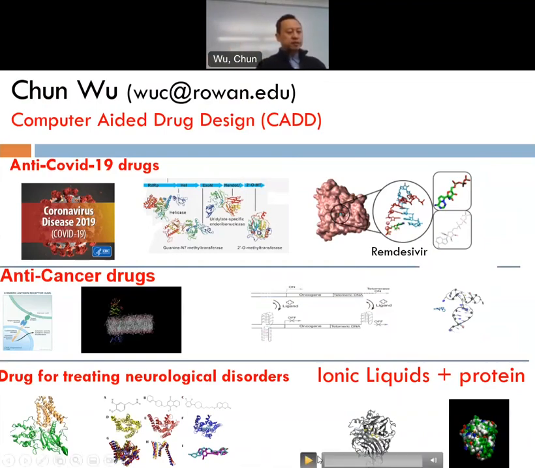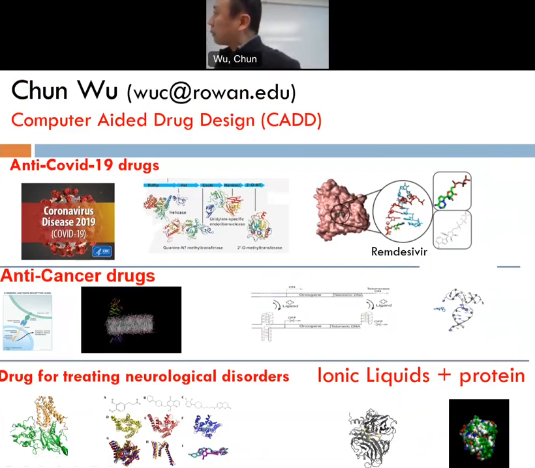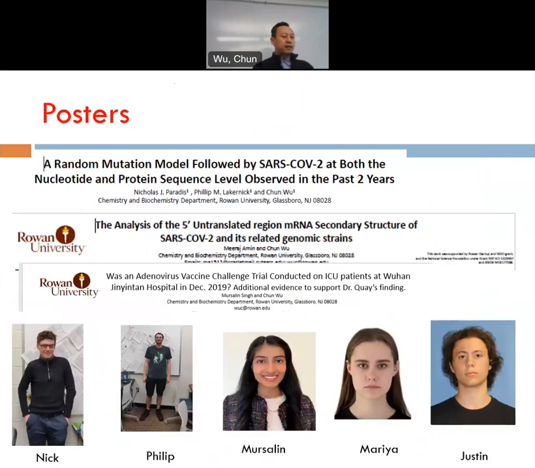This one is trying to understand how ionic liquid can stabilize an enzyme, hopefully improving enzyme activity. This is in collaboration with Dr. Vaden and Dr. Caputo. Those are what we are doing. Then the posters. At the CSM research day, my group had 8 or 9 posters there.